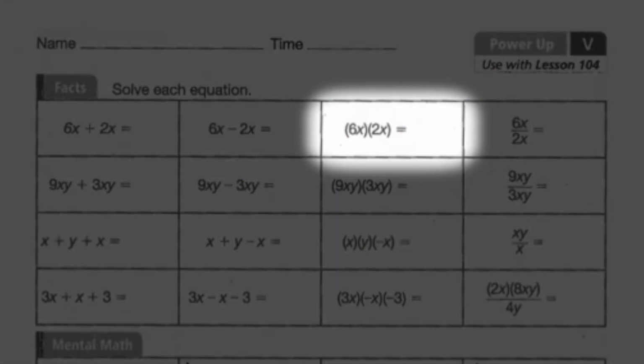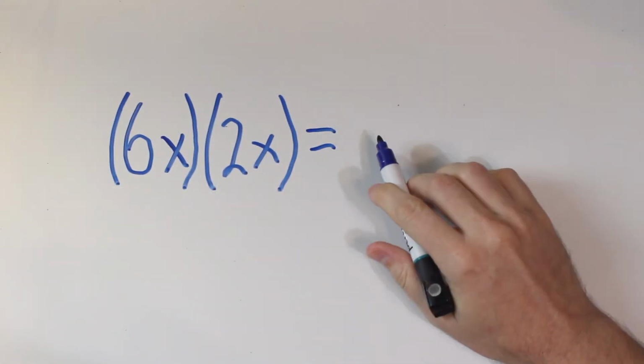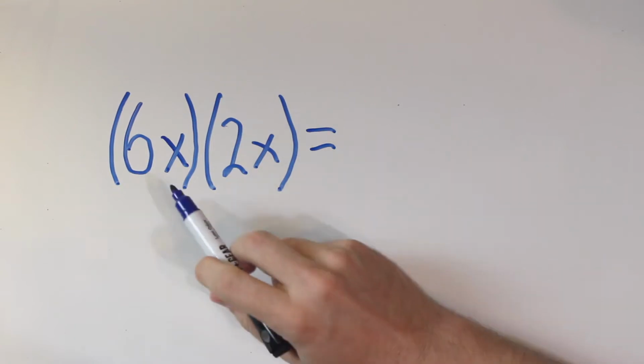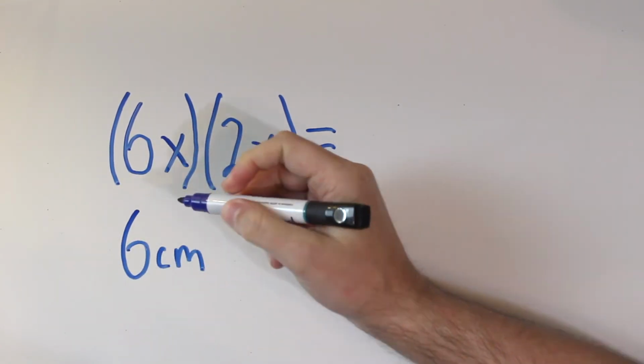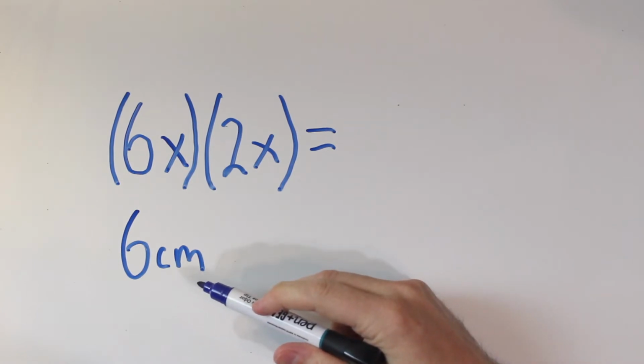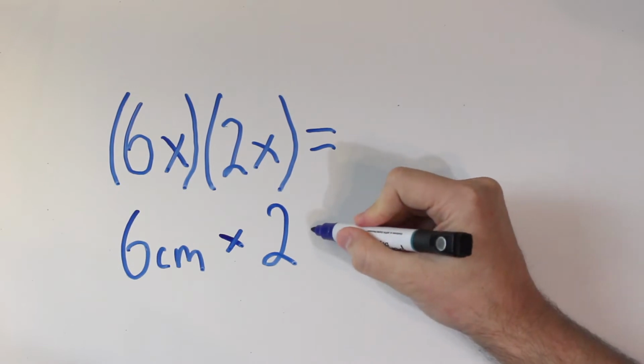Our next problem has 6x times 2x. For this kind of problem, it also helps to think concretely first. Let's imagine that x means centimeter this time. So I start with 6 centimeters. If I were to double my 6 centimeters, I would have 12 centimeters.